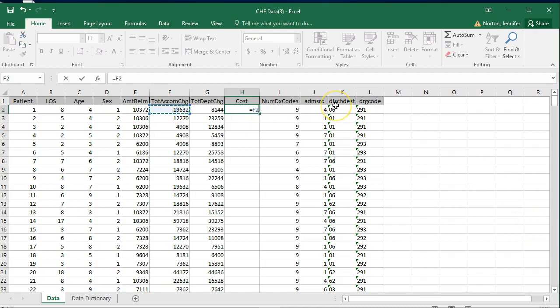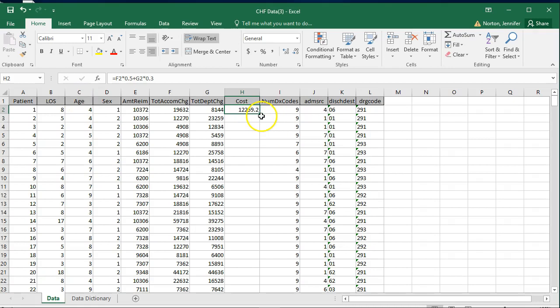F2, accommodations, we're multiplying that by 0.5. And then we're adding, so the plus sign. And we're multiplying our ancillary department, or our total charge, times 0.3, I believe. Enter. And so now we have our total cost for this patient for these charges.